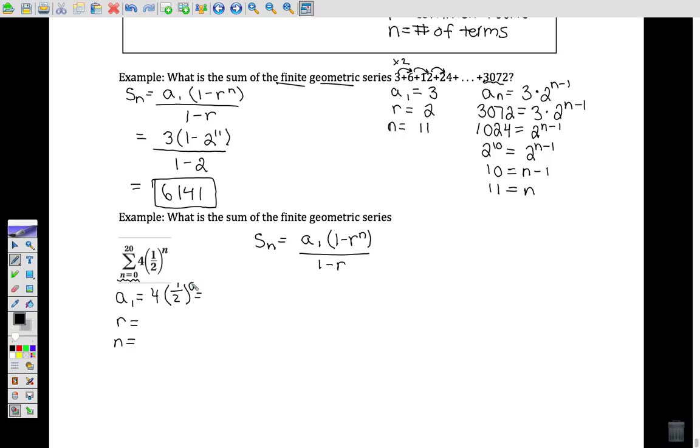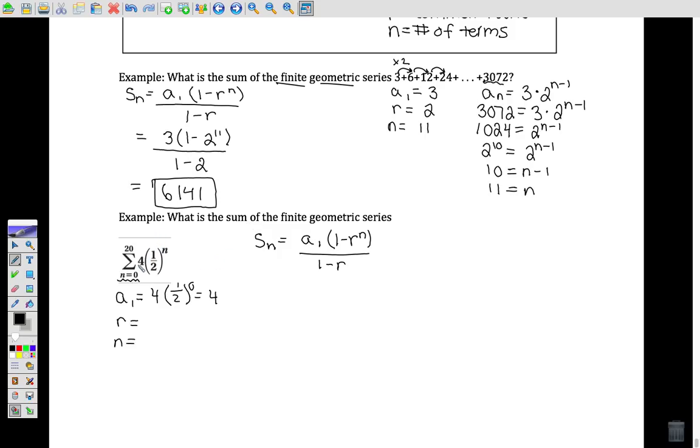When we plug in 0 for n, we have 1/2 to the 0. Anything to the 0 power is just 1. So that's 4 times 1. The first term we're adding in this sum is 4. The next thing is, what is the common ratio? Now, this looks similar to our explicit formula for a geometric sequence.